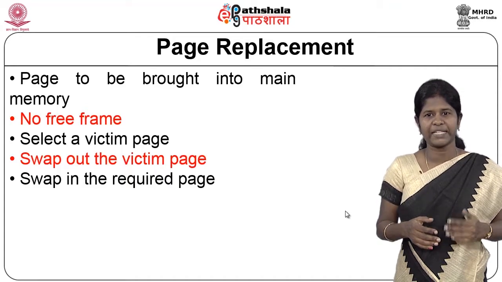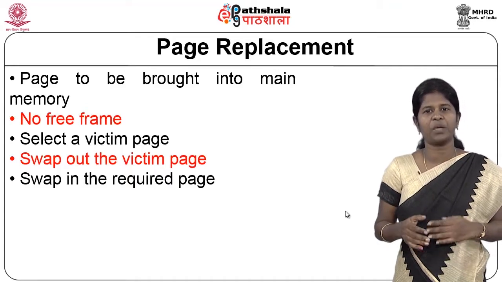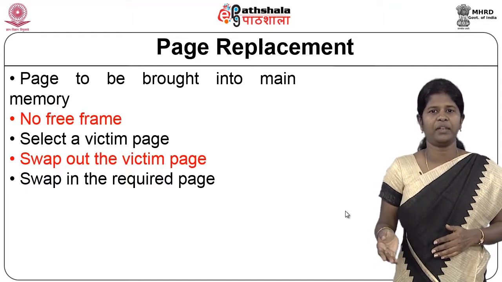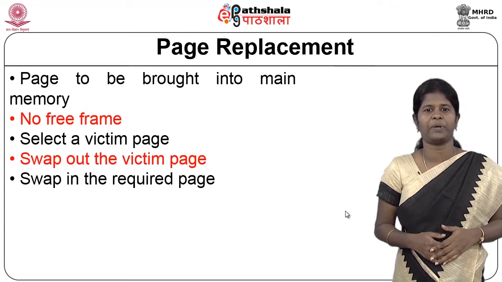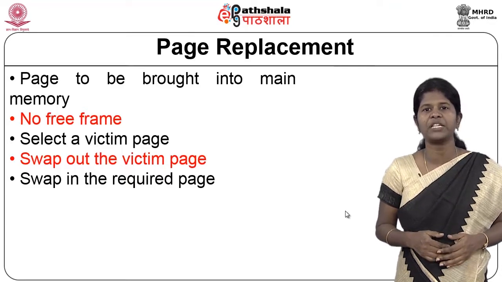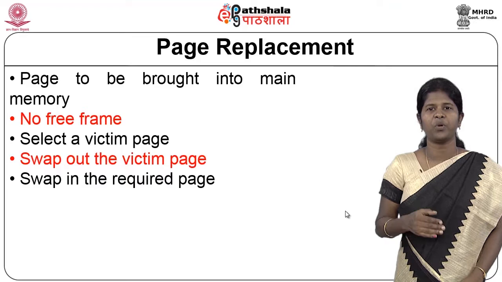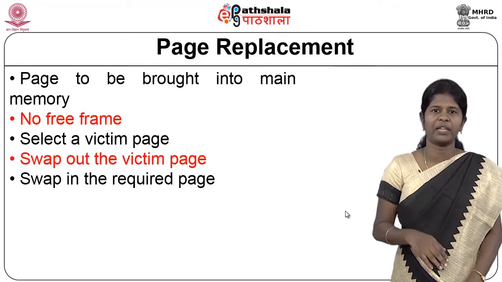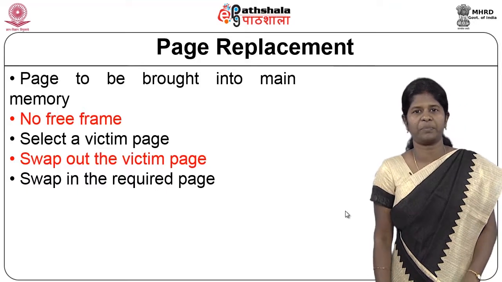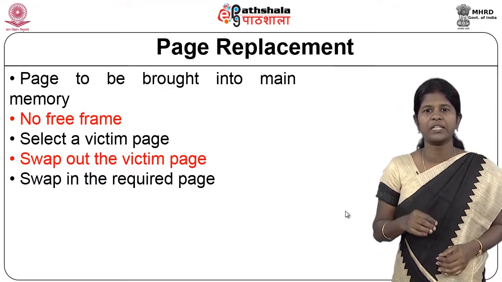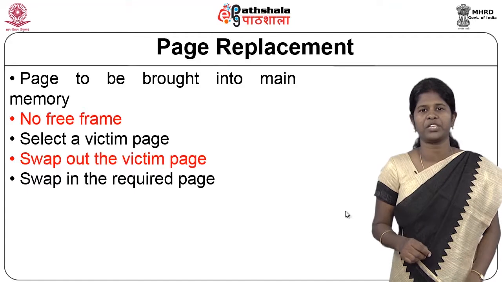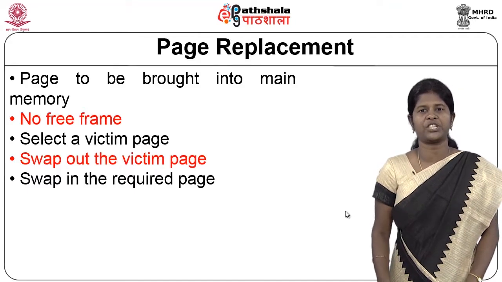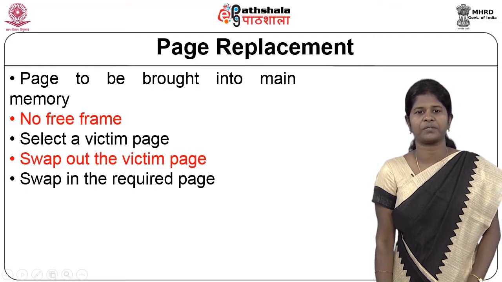So, you need to select a victim page which has to be moved out to the secondary storage device, and then you bring in, or swap in, the required page. Moving out one victim page and moving in the required page is called page replacement. And which page is chosen as the victim page?